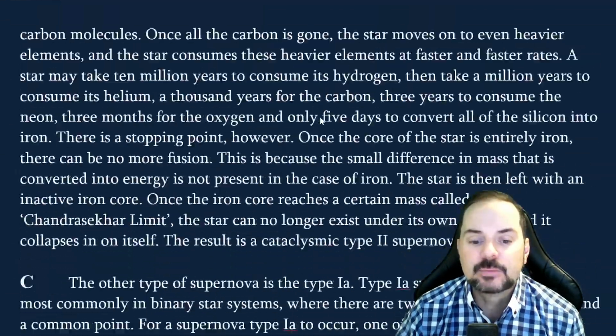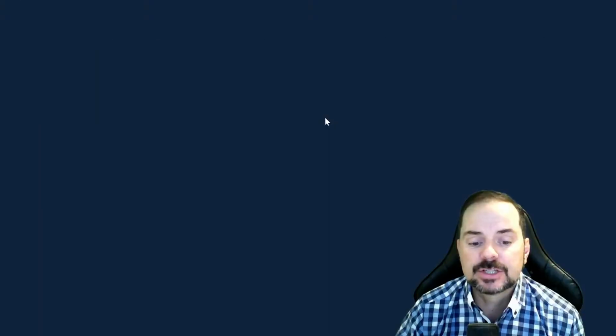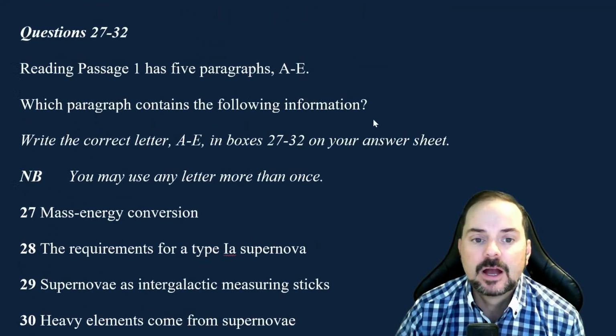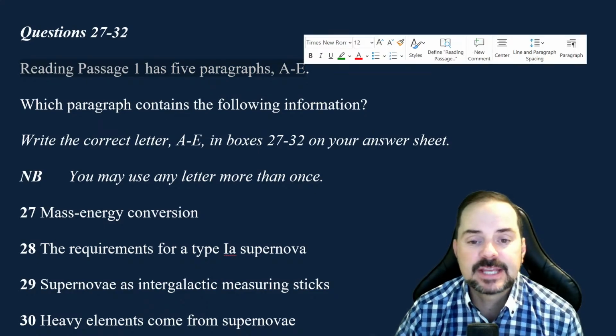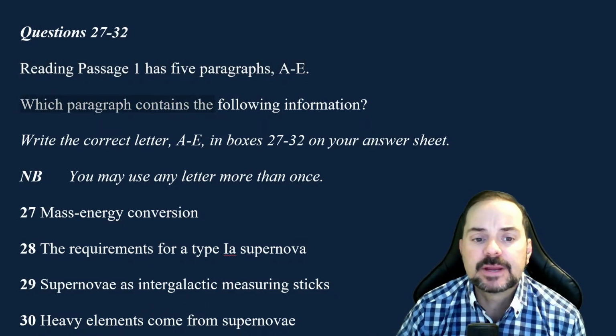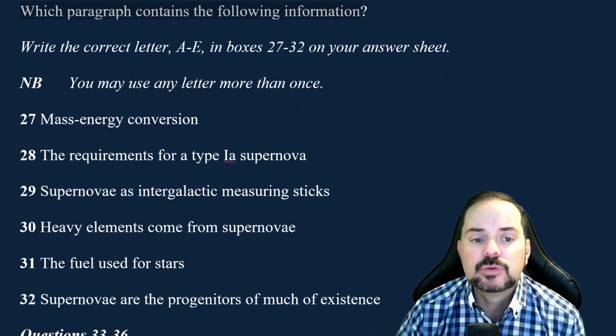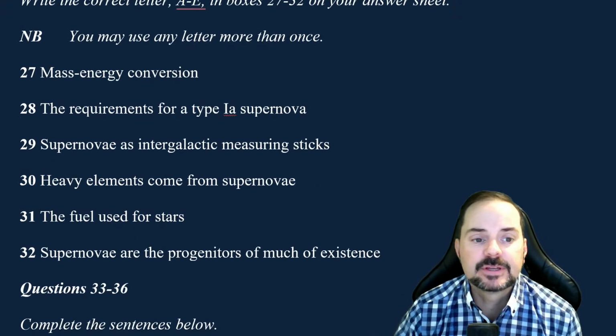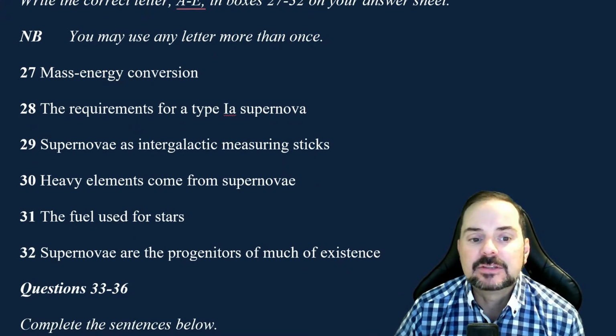Once we've done that, we look at the questions, okay? Here are the questions. Reading passage 1 has 5 paragraphs, A to E. Which paragraph contains the following information? You may use any letter more than once. 27, mass energy conversion. 28, the requirements for a type 1a supernova.